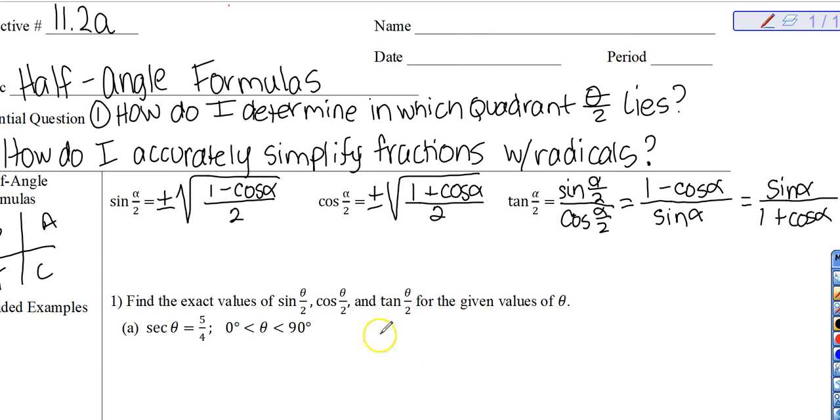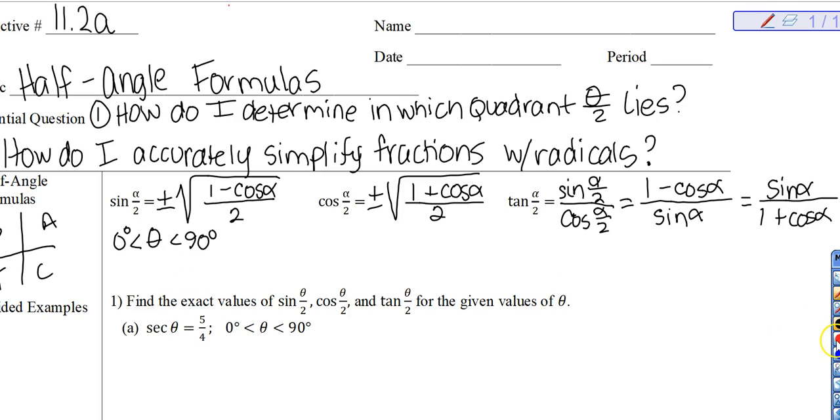All right, something else I would like to point out: when you're determining in which quadrant theta over 2 lies, a lot of times you'll be given a quadrant where angle theta lies before you cut the angle in half. So for example, if angle theta lies between 0 degrees and 90 degrees, that's quadrant 1, right?